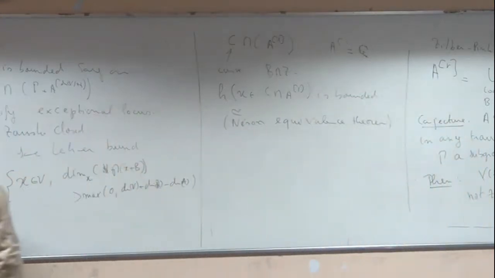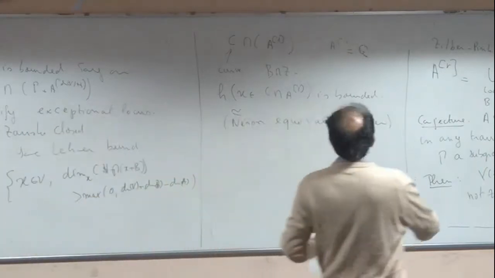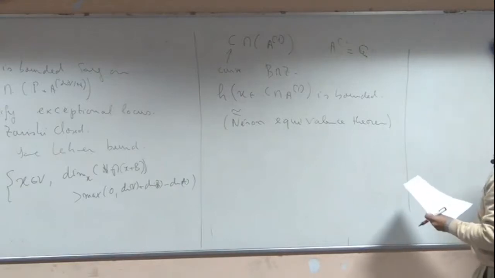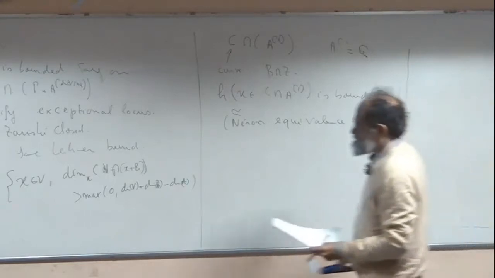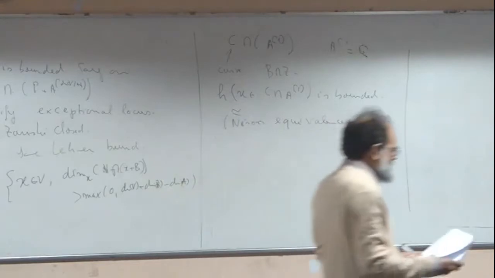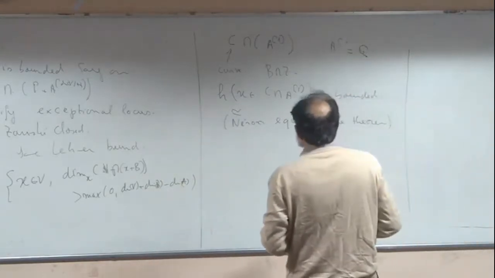So in the case of curves, the exceptional set is not too difficult to understand, so you can forget about that. And you need to see what happens to Lehmer bounds.